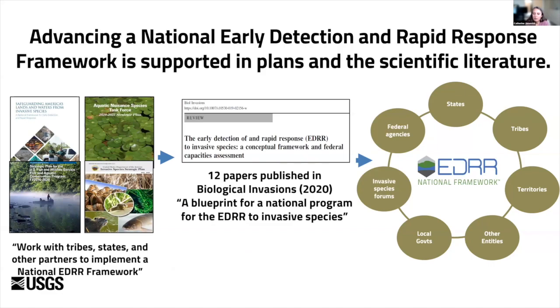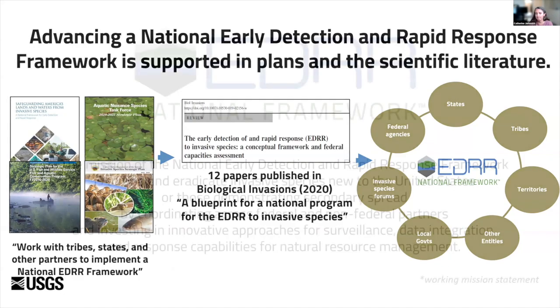There's been an effort recently to develop a national early detection and rapid response framework. This has been called for through different management plans and through the scientific literature, to put together something that could be worked on across agencies and across scales to prevent establishment of new species within the US.